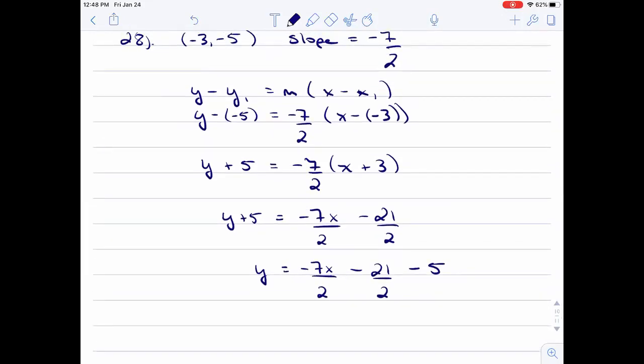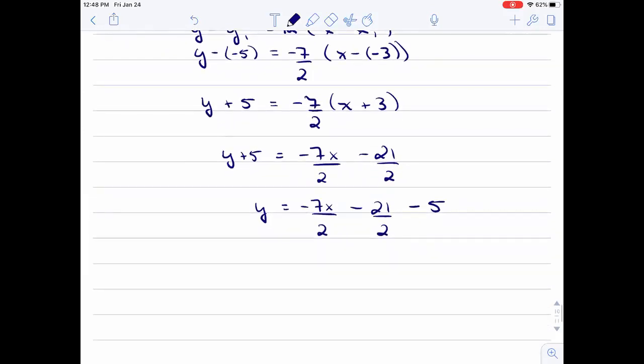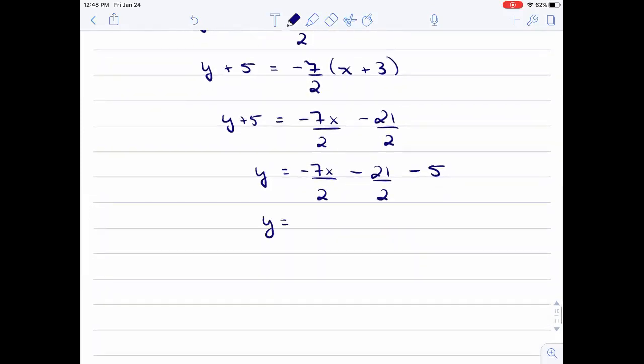Bringing it in here, I'm multiplying by x, which gets me -7x over 2, if I want to write it like that. I could have put just the -7 over 2 times x. That's fine. Good. So then here, I get y is -7x over 2 minus 21 over 2 minus 5 times 2 over 2.